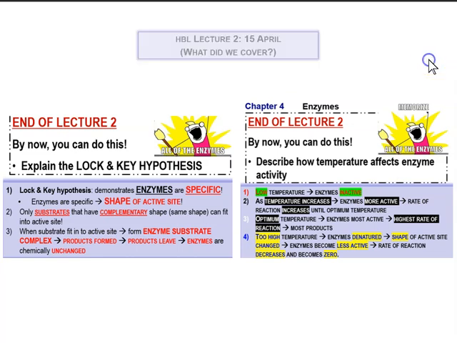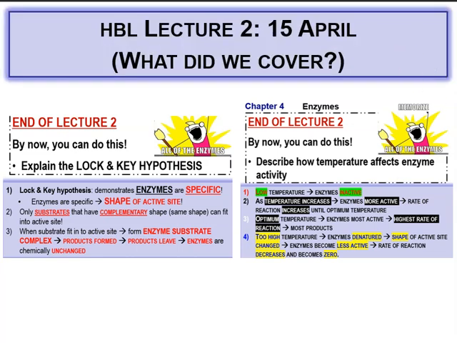Now, what did we cover for the previous lecture, lecture 2, on the 15th of April? We talked a lot about the lock and key hypothesis. Enzymes are of a particular shape, and the active site shape has to be complementary to the shape of the substrate.